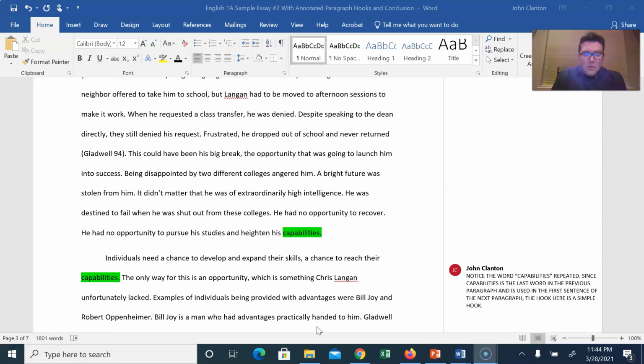Okay, so we're taking a look at a sample paper. This is sample essay number 2, and you can take a look at it. I posted it. But let's pick it up from right here. So I think we're talking about Chris Langan, right? Remember The Trouble with Geniuses? He's the smartest man in the world, but he didn't really make much of himself. Okay.